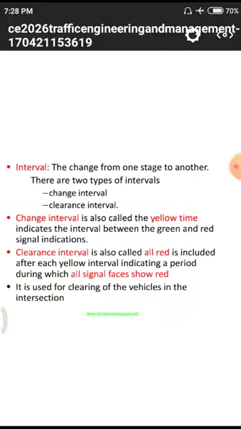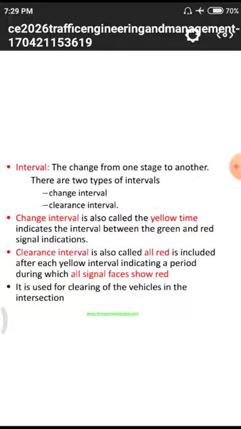After that we have the clearance interval. It is also called all red, included after each yellow interval, indicating a period during which all signal phases show red. It is the clearance of vehicles through the intersection. Clearance means whenever there is a green signal, after the green signal is over, the signal has to turn into red.